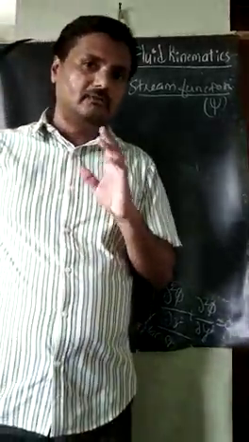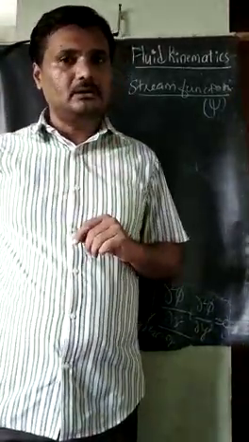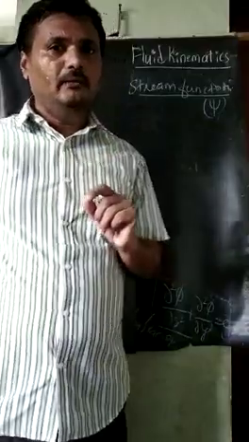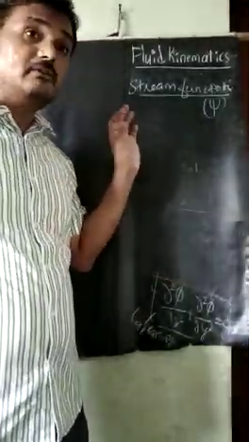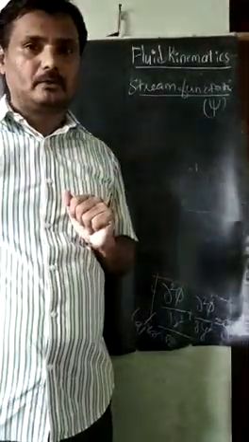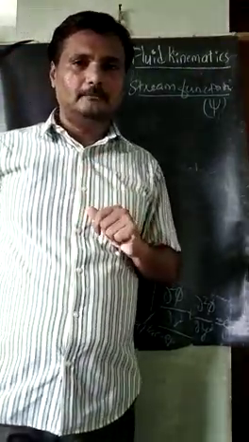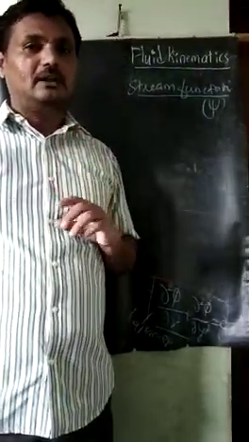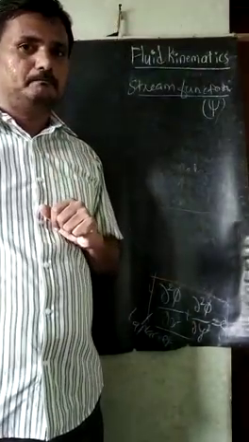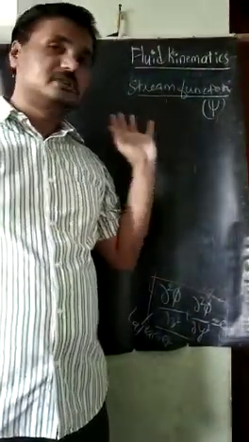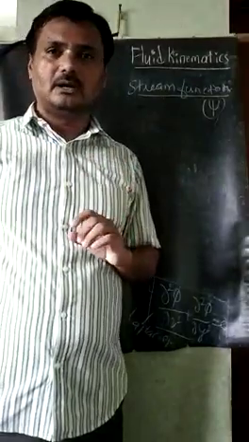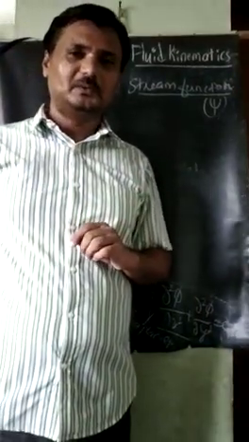Similarly, how we defined the velocity potential function, in the same way we will define the stream function also. So we will continue in the next video lecture with the definition and the related derivation. Thank you very much.